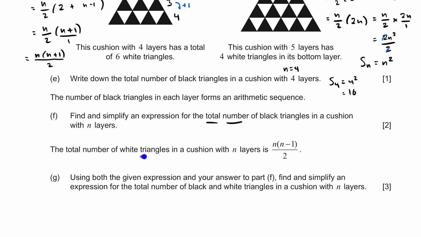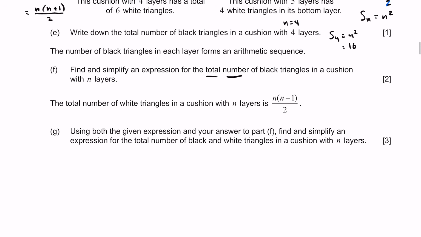The total number of white triangles in a cushion with n layers is n multiplied by n minus 1 over 2. Part G asks, using both the given expression and your answer to part F, find and simplify an expression for the total number of black and white triangles in a cushion with n layers. This is an interesting question.